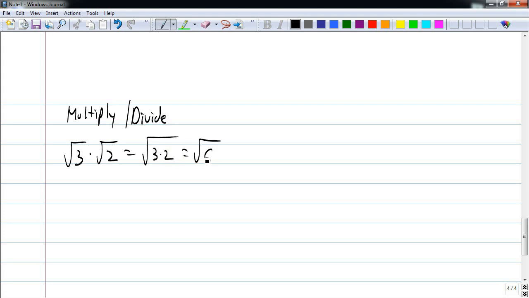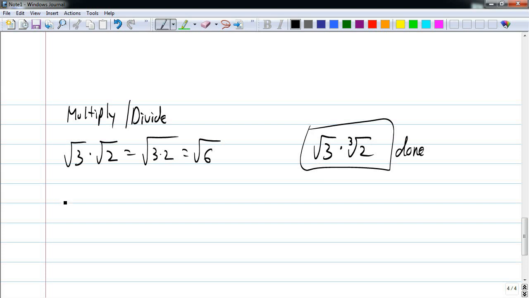Now, the radicals still need to be the same. If I had a cube root like this, I couldn't simplify this at all. This would be done. So your radicals have to be the same, but if they are, you can just multiply or divide the radicands and get your answers.